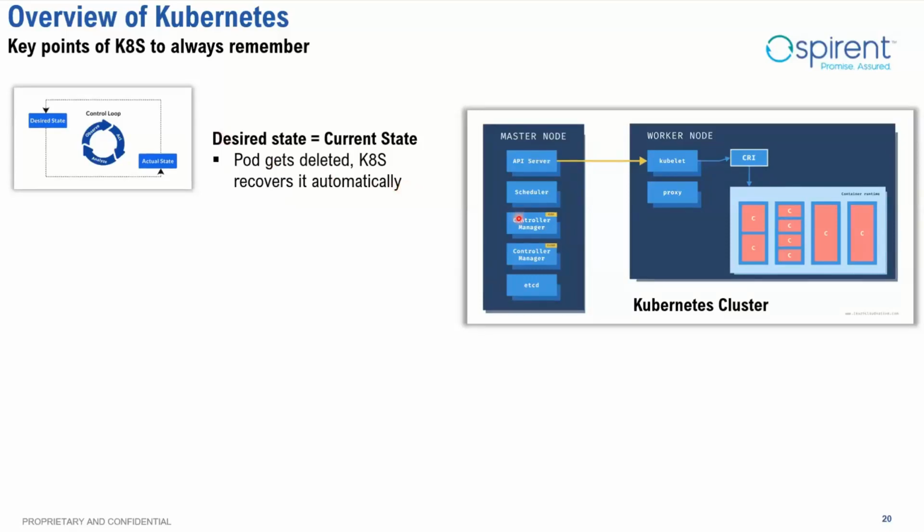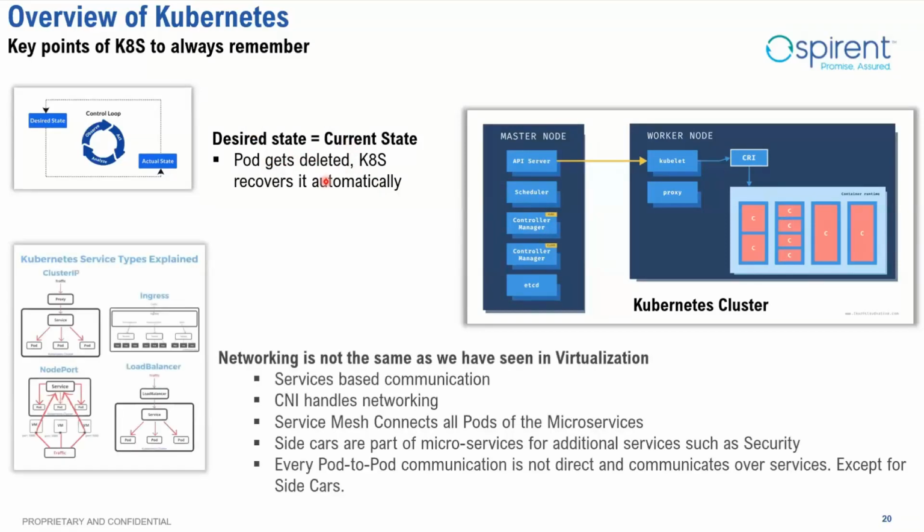And Kubernetes ensures that it always runs 2 container instances. If one fails, the controller will monitor that and bring back the failed container application. So at any given point of time, desired state is equal to the current state, and that is taken care of by Kubernetes. It promises that, and it will do that.